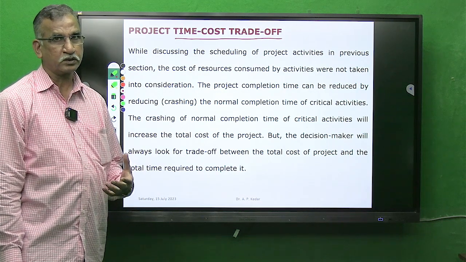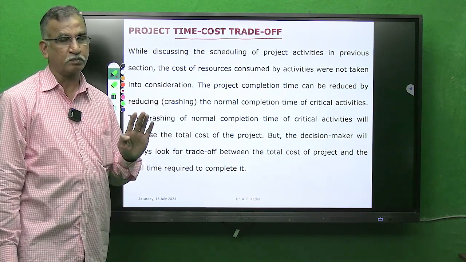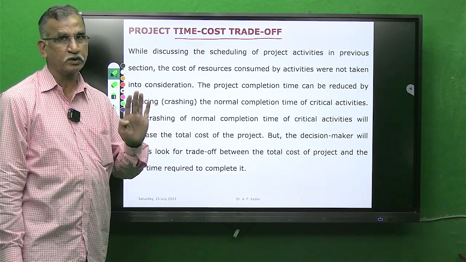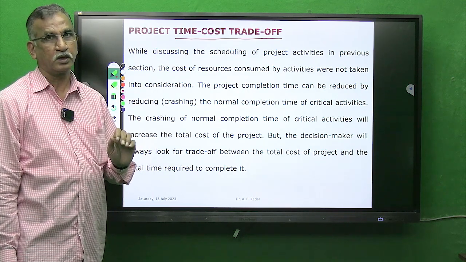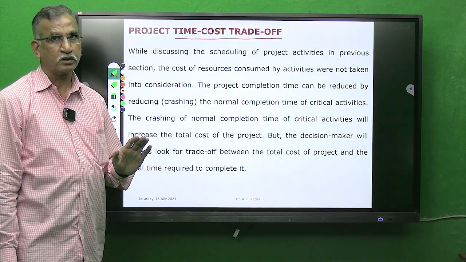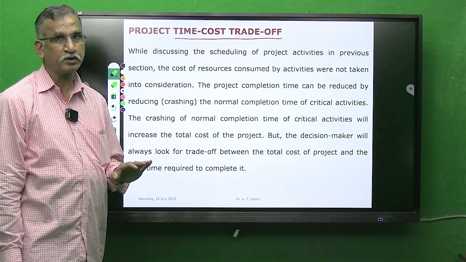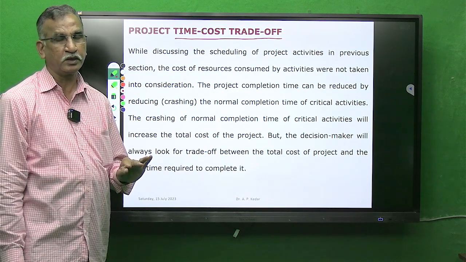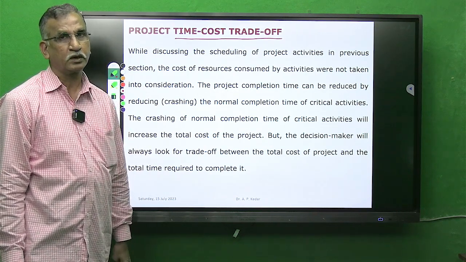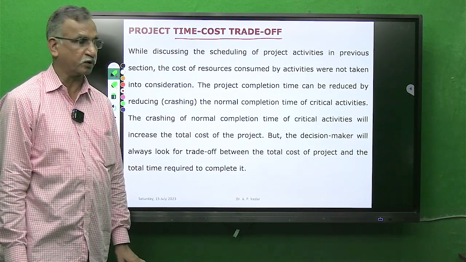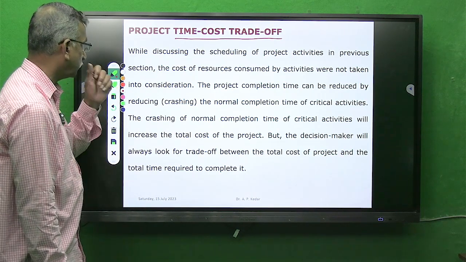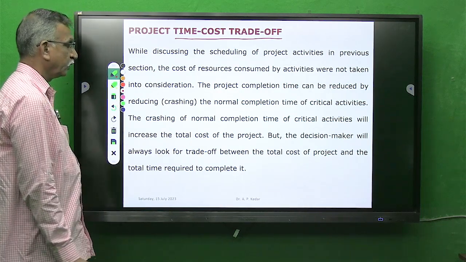PERT is concerned with 3 time estimates: optimistic, pessimistic and most likely, whereas CPM activities are deterministic in nature and have only one category of activity time in a CPM network.